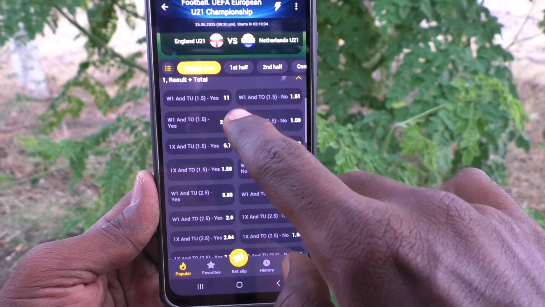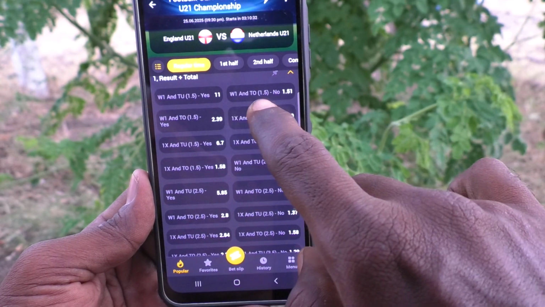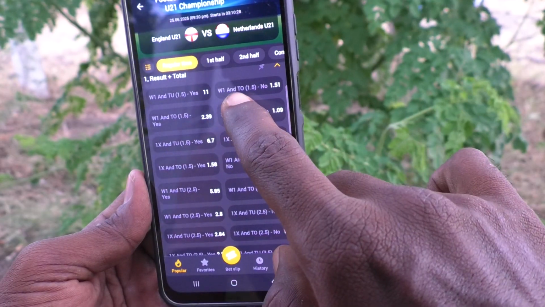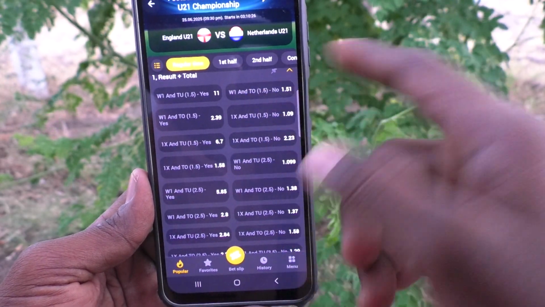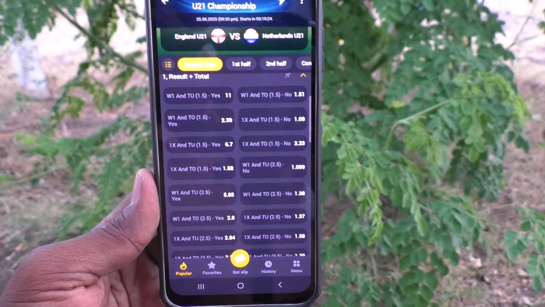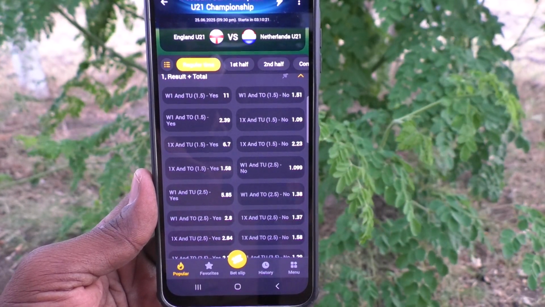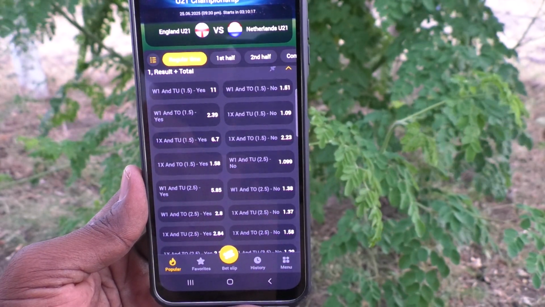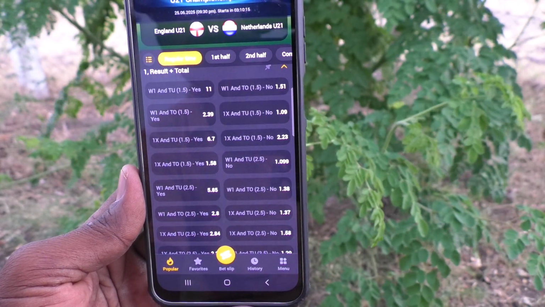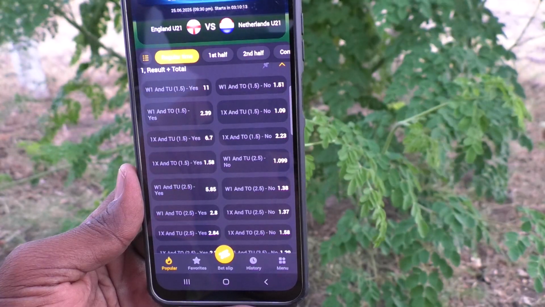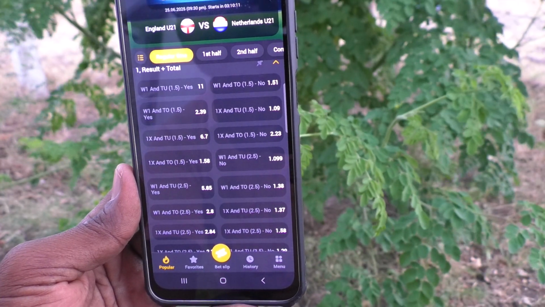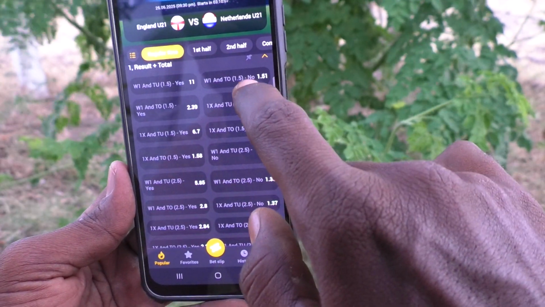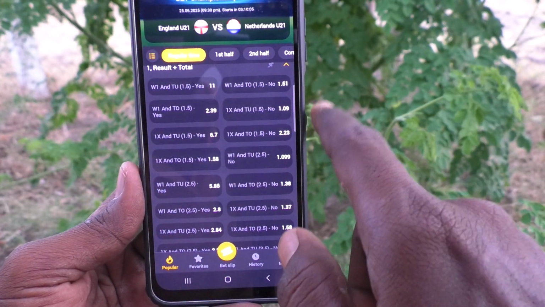Okay, that is called total over 1.5. No means it should not happen. Okay, so 2-0 and total over 1.5 should not happen like that. Okay, it is 1.51 just given.